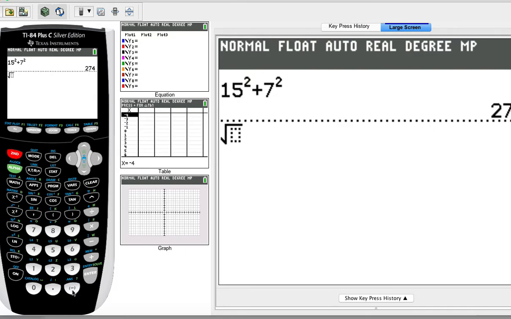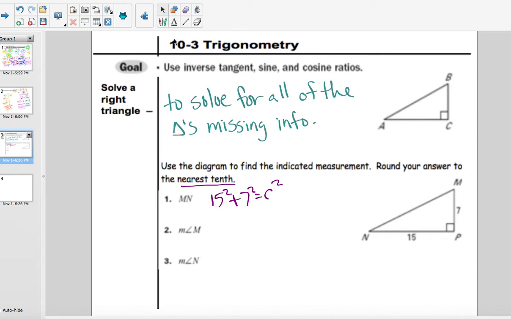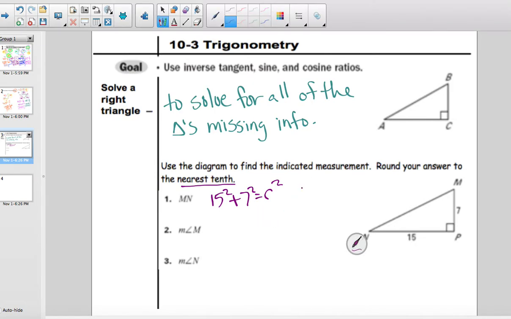Now, if they didn't tell me where to round, I would of course want a radical form answer. But this one said nearest tenth, so I can round on this one and go ahead and get a decimal. So nearest tenth place would be 16.6. I just wanted to make sure I rounded right on my paper. 16.6. So MN, not really c, is 16.6. And they didn't have units here, so we don't have feet or inches or anything like that.